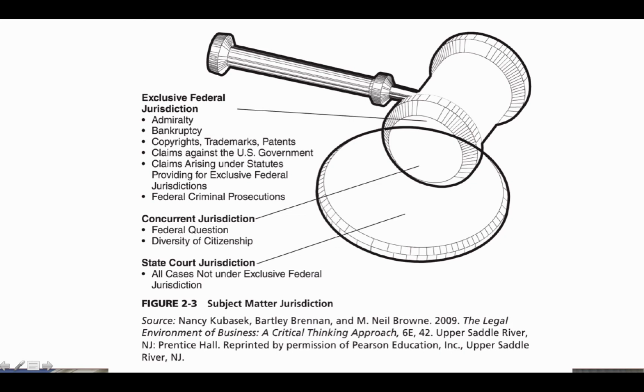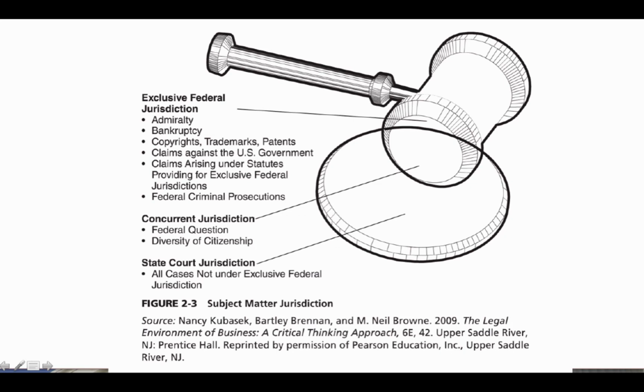Also, when the basis for federal jurisdiction is diversity of citizenship, the controversy must involve at least $75,000. When a case falls within the federal court's concurrent jurisdiction because of either a federal question or a diversity of citizenship, the suit may be filed in either state or federal court.